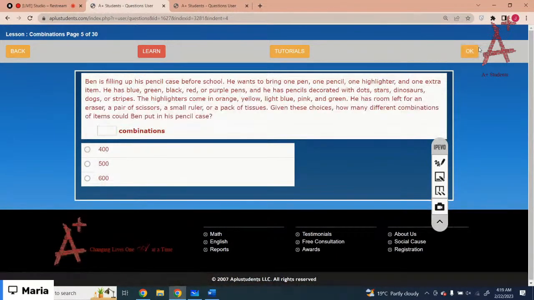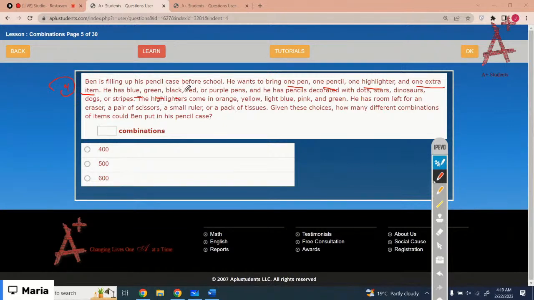Okay, Ben is filling up his pencil case before school. He wants to bring one pen, one pencil, one highlighter, and one extra item. One, two, three, four. So 4 items. He has pens in blue, green, black, red, or purple.